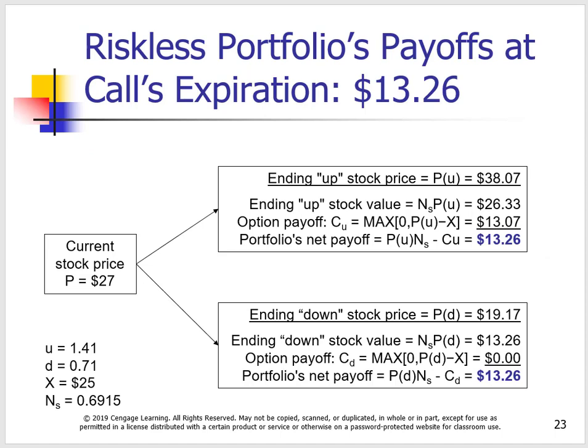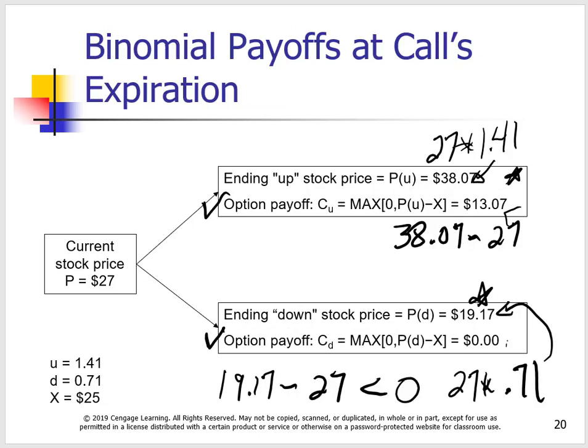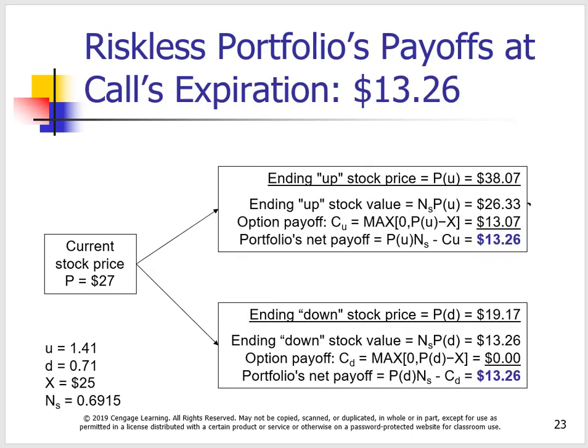If you look at the stock, if the stock goes up in value, it's N sub S, the number of shares, times the price. So again, it's 0.6915 times the stock price of $38.07. So it's $26.33. And if you remember back here, we said that the call option at the upside is $13.07. So if the stock price goes up, you would have a value or a payoff of $13.26.